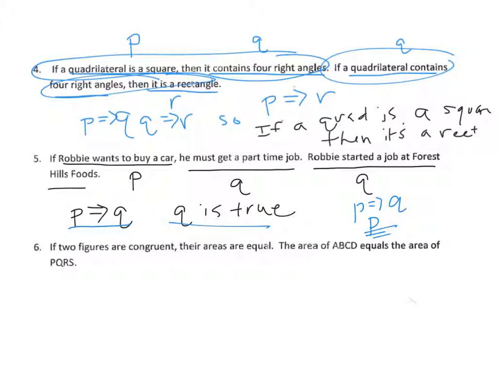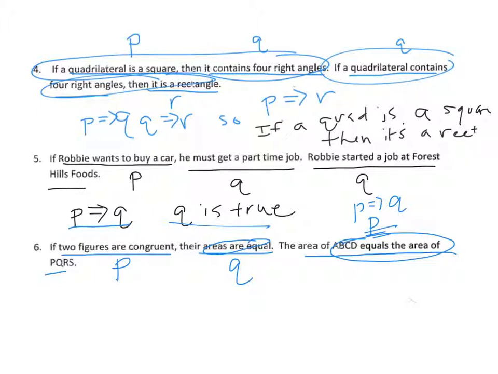The last one, if 2 figures are congruent, that's P, their areas are equal, that's Q. The area of ABCD equals the area of PQRS. So the areas are equal is the same thing as the areas are equal of these 2 figures. So this is actually Q again.